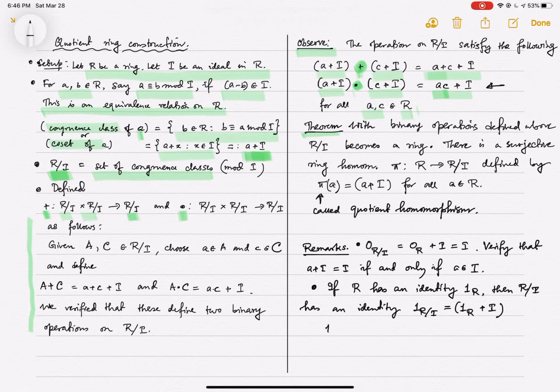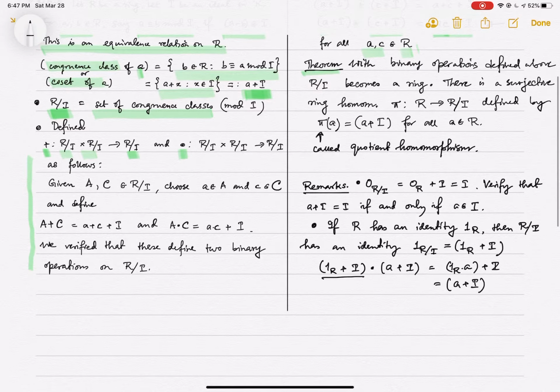You see, 1 plus I multiplied by some A plus I is 1 times A plus I, but that's just A plus I again. So this is an element of R mod I which, when you multiply by any coset, you get the same thing back.